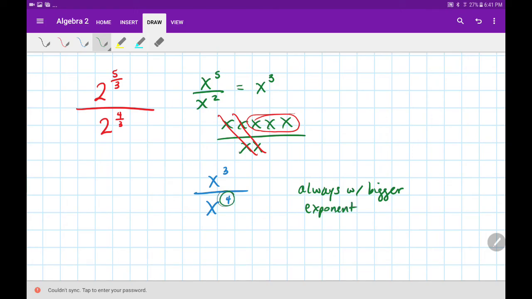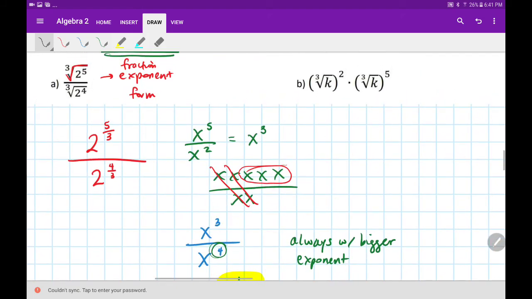In this case, our bigger exponent is on the bottom. That means we're going to have 1 x left in the denominator, and no x's left up top, which is why we put a 1 over x. Here's the visual for that problem. I have 3 x's on the top, 4 x's on the bottom. 3 of them cancel, leaving me with a single x down below. That means I have to write 1 over x.